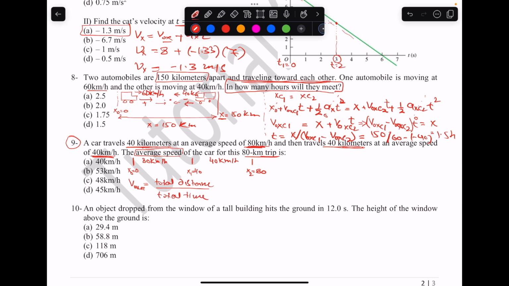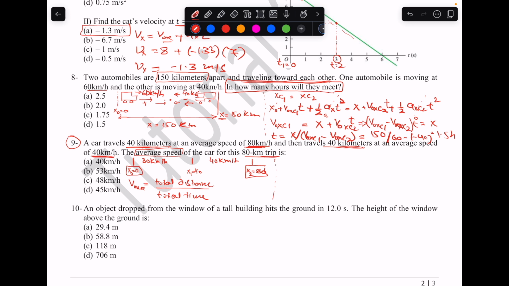We have the total distance from here to here, which is 80 kilometers, but we don't have the total time. So we calculate the time, put the value of time over here, then calculate the value. So how do we calculate the time?